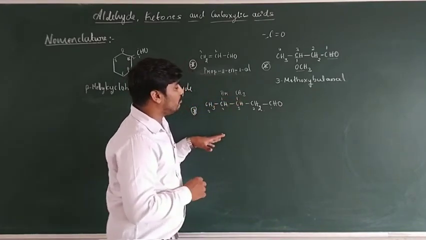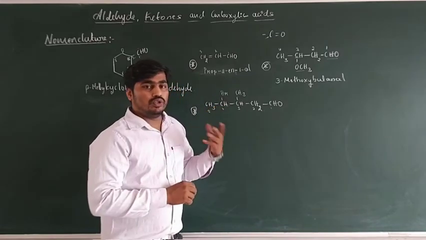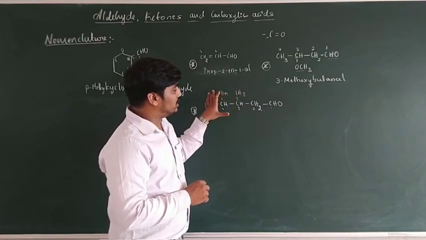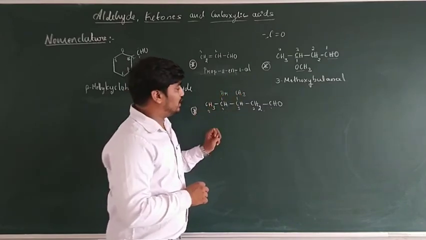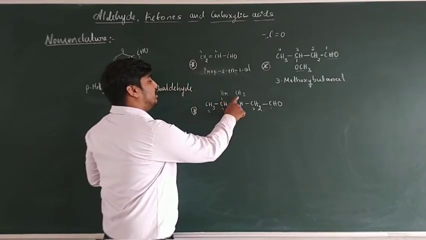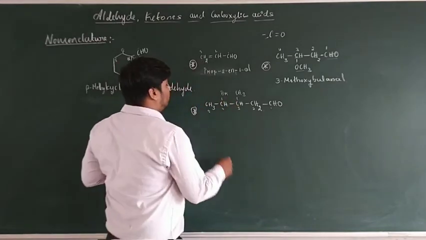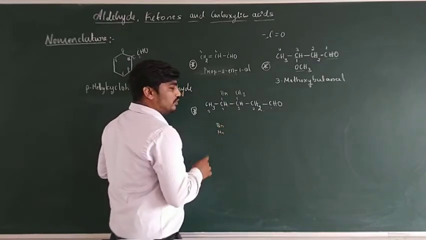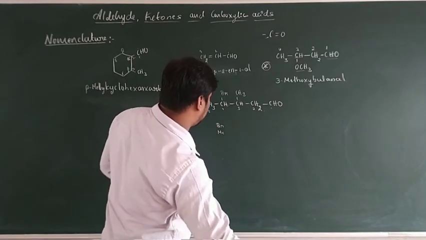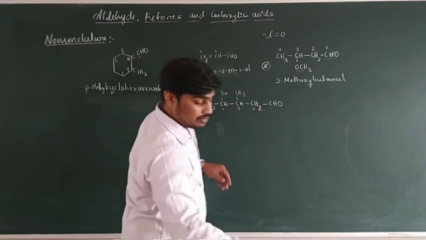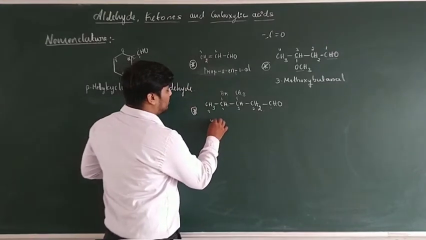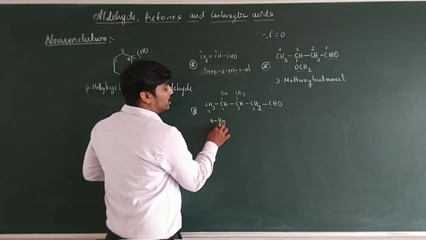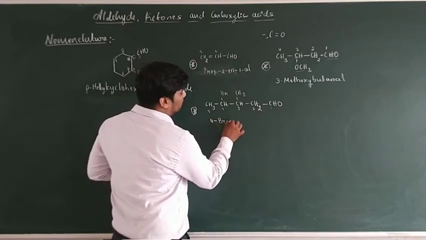Therefore, we go through the alphabetical order during the naming of this compound. By considering the alphabetical order, there are 2 prefixes. One is bromo, another one is methyl. So which one comes first? Bromo comes first because B comes first. Therefore, the name of the compound starts with bromo. The first letter should be small.